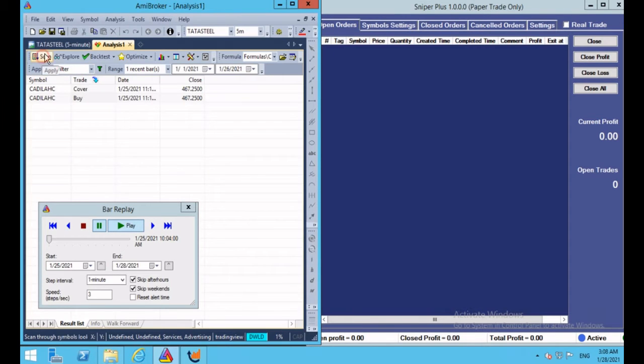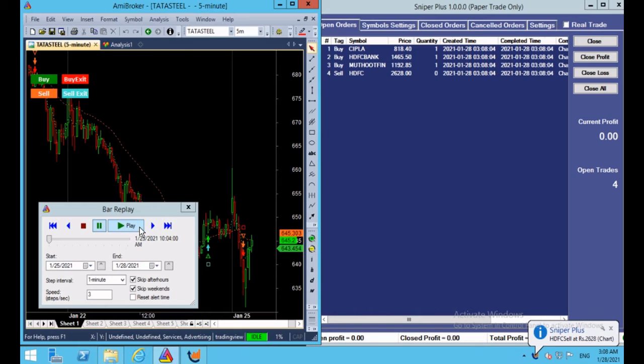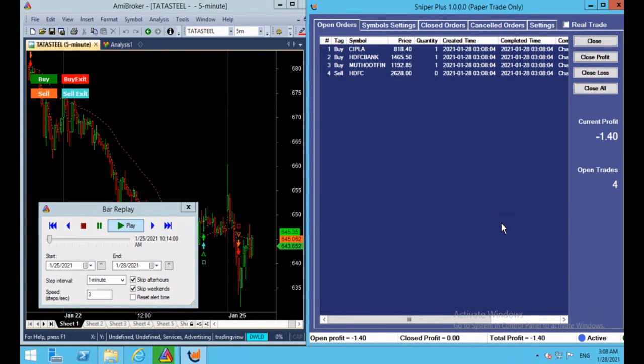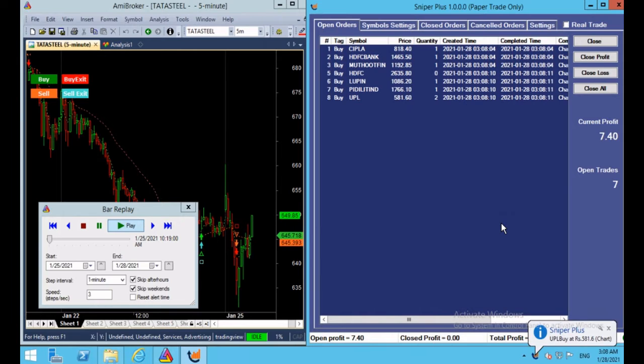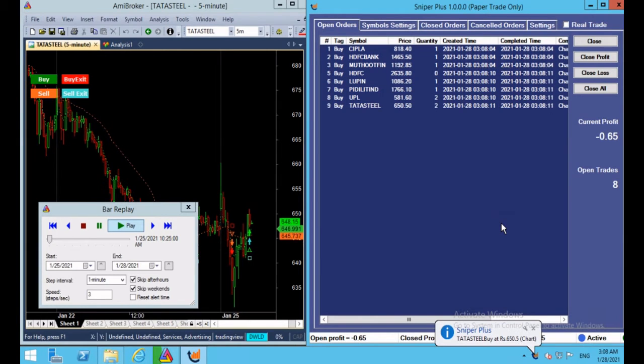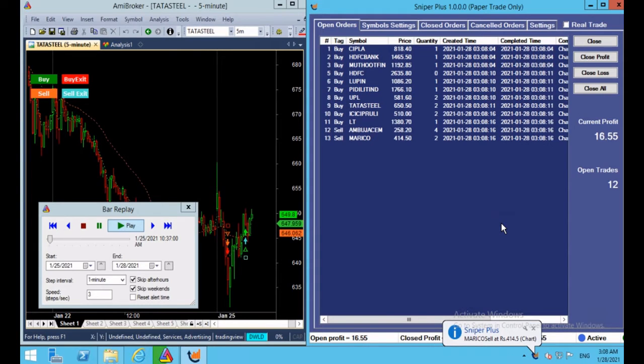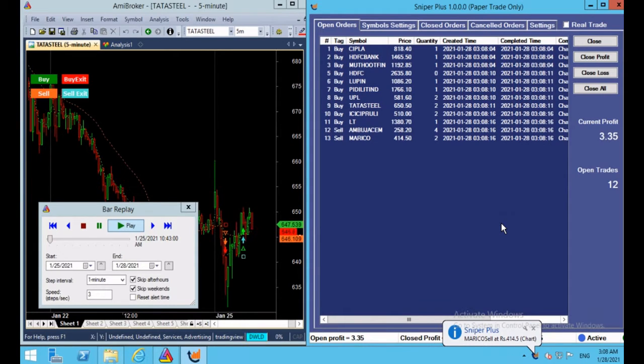Switch on the analysis, then scan. Now the trade has started. We have 8 open trades now, and you can see the open trades increasing.